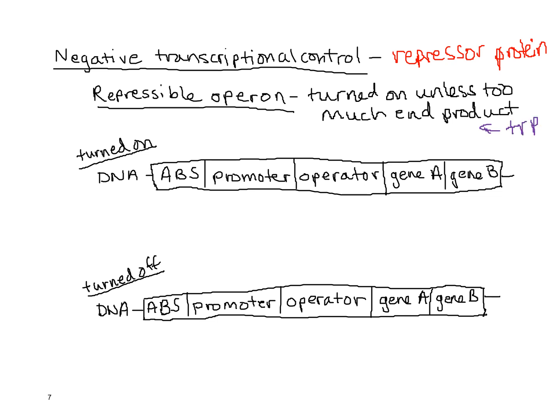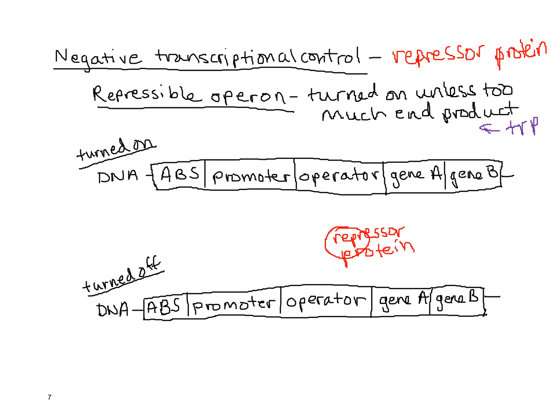Okay, so if we want to draw this repressible operon, this Trp operon turned on, we've got to think about where a repressor protein would be. And the repressor protein would need to be off of the operator for this Trp operon to be turned on.